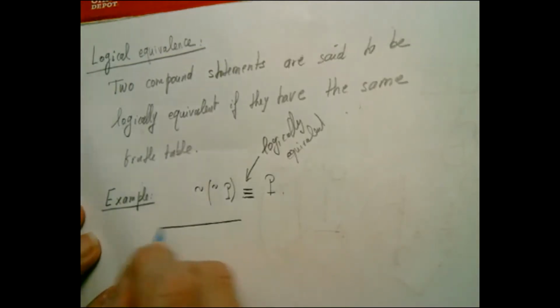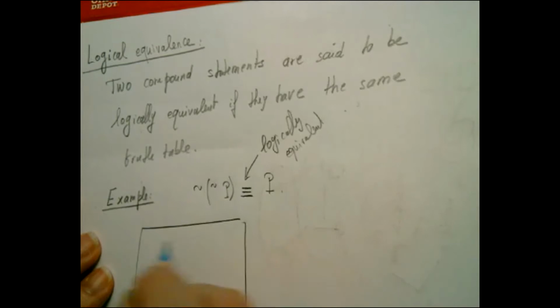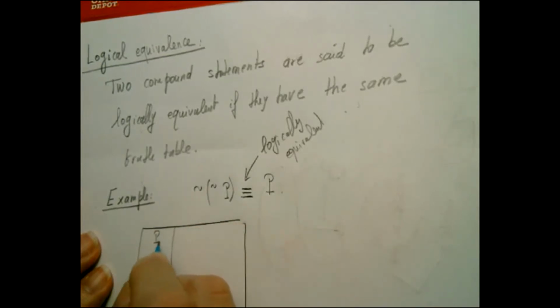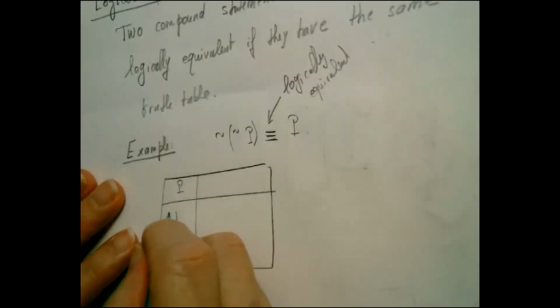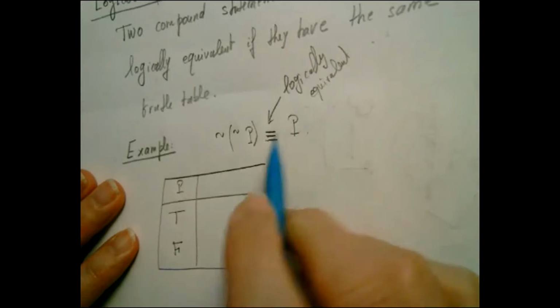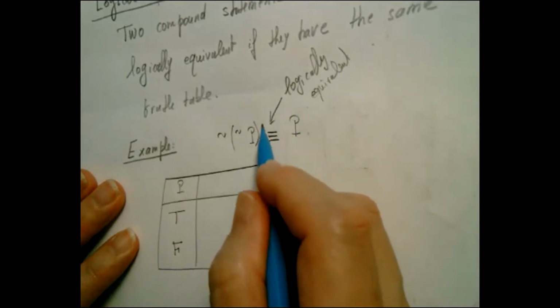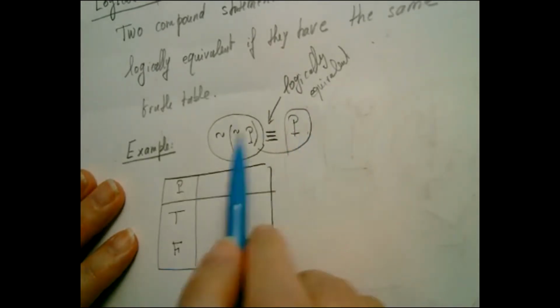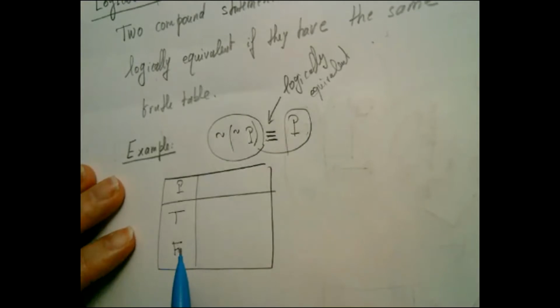So let us say that these are the same, and draw the truth tables. Since I have one statement, it has two values, true or false. To show that those are equal, I have to show that the truth table of this and the truth table of that are the same. It means whenever this is true, this is true, and whenever this is false, this is false.